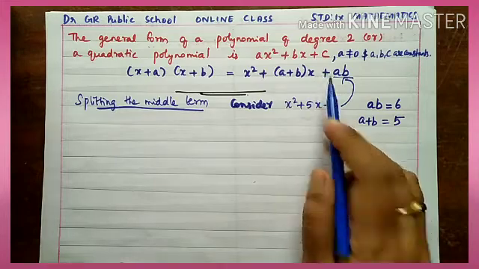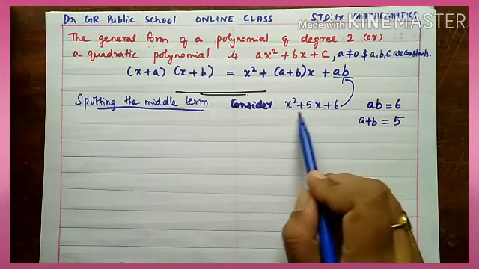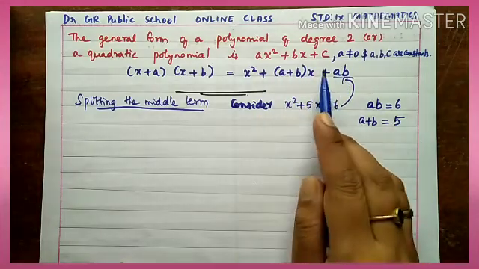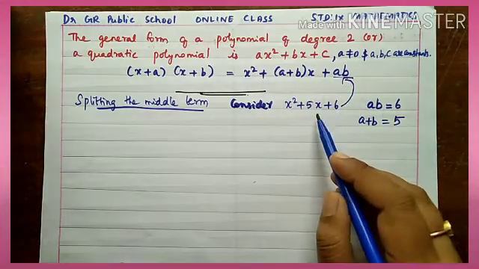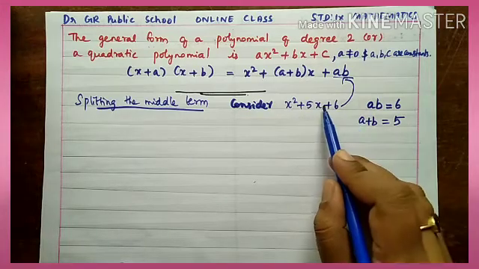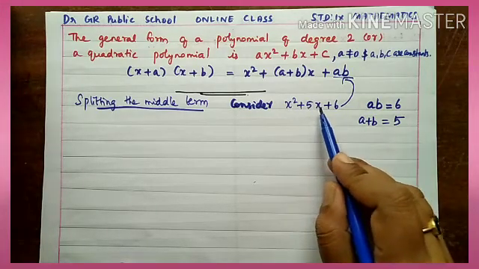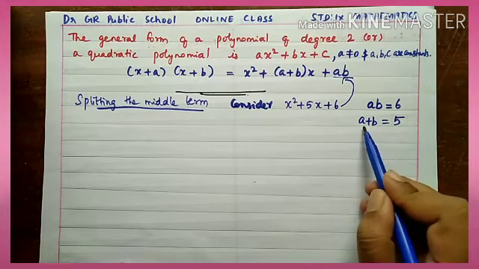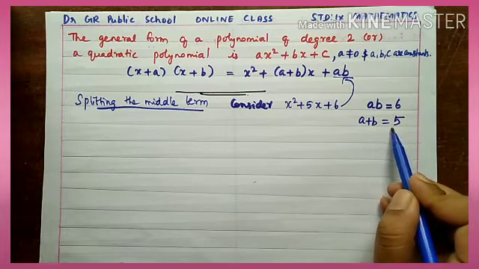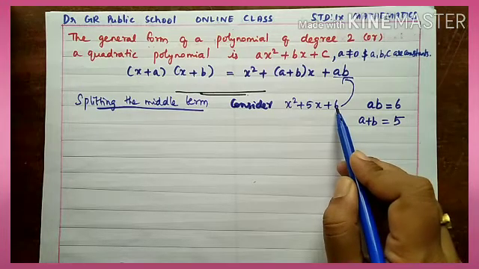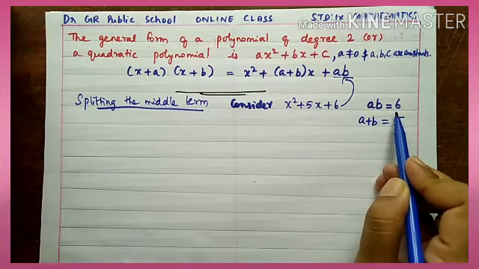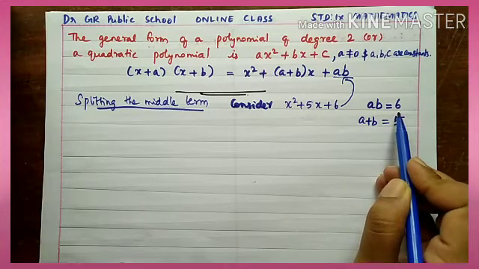So this way you relate the given polynomial with the RHS of the fourth identity, so that we understand the coefficient of x is the sum of two numbers that gives you 5, and the constant term is the product of those two numbers that will give you the number 6.